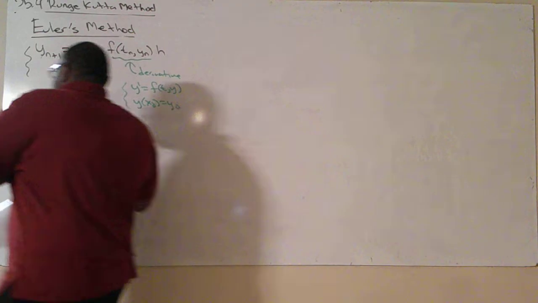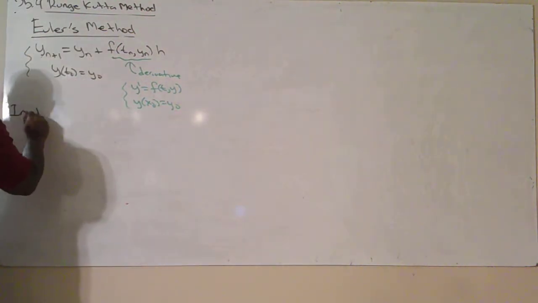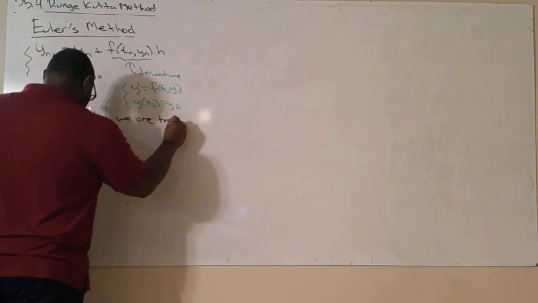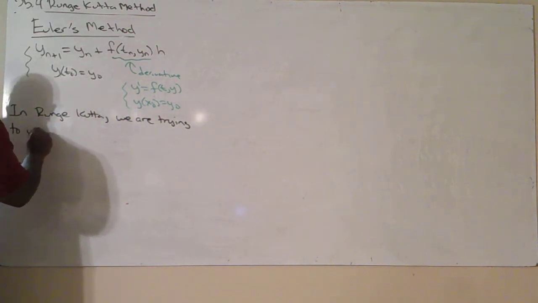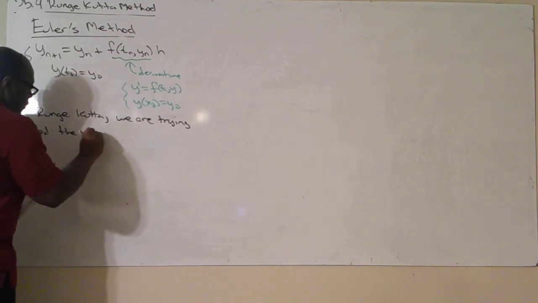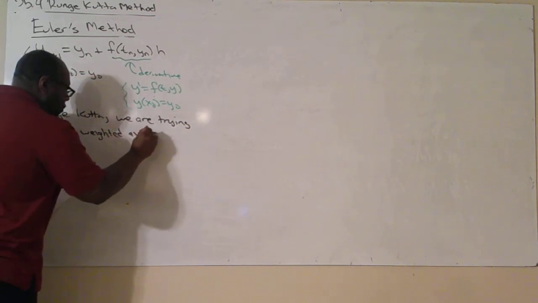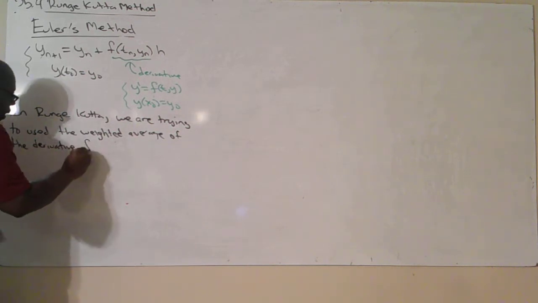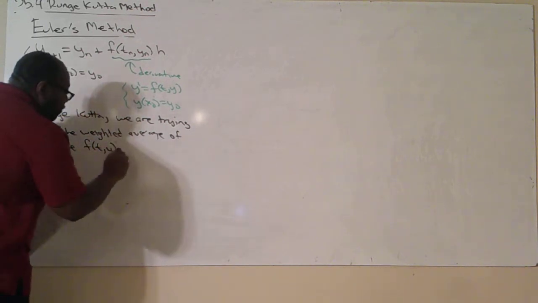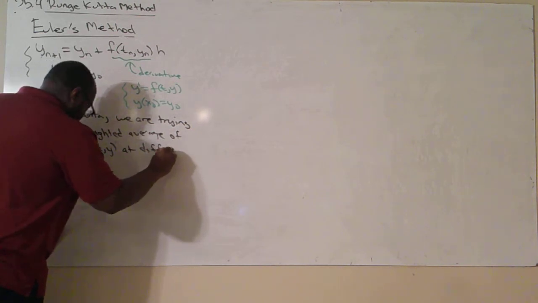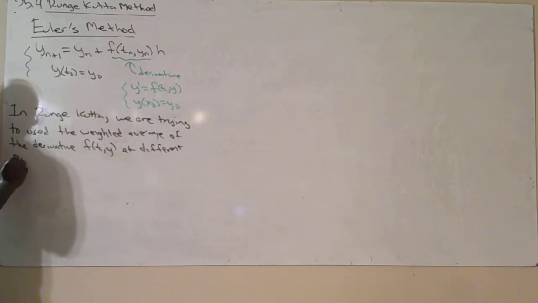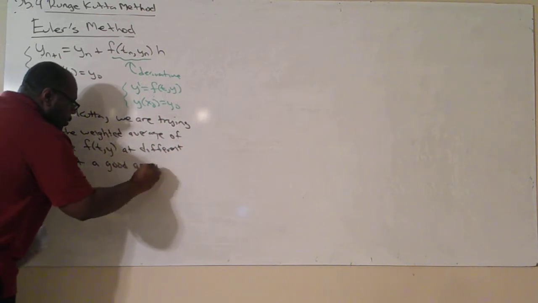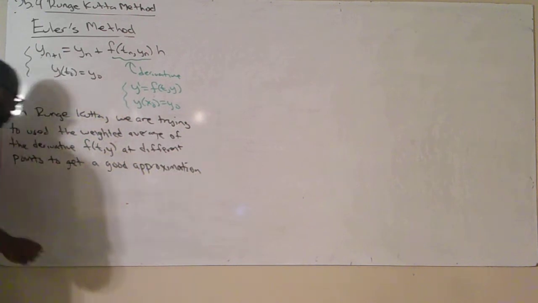So in Runge Kutta, we are trying to use the weighted average of the derivative f of t, y at different points to get a good approximation of the solution.